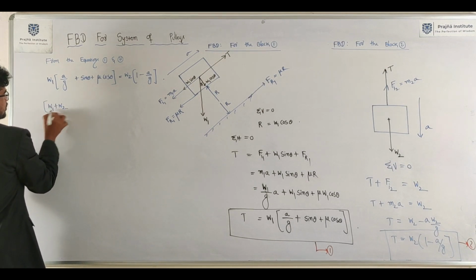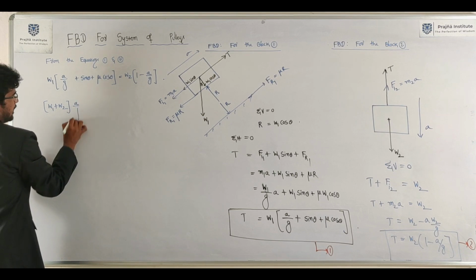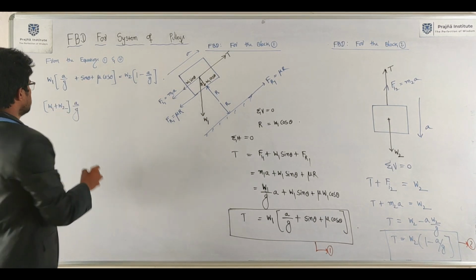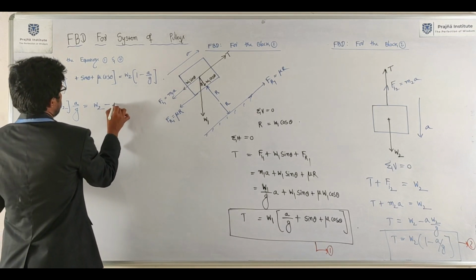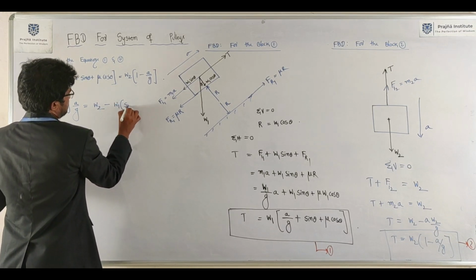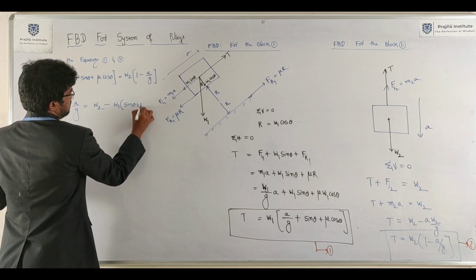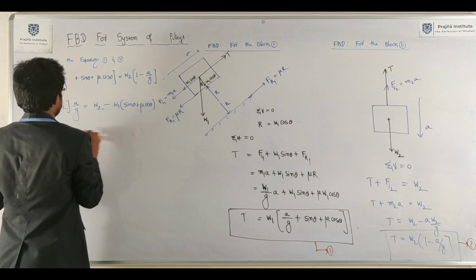W1 plus W2 into A by G. You will get W2 minus W1 into sin theta plus mu cos theta.